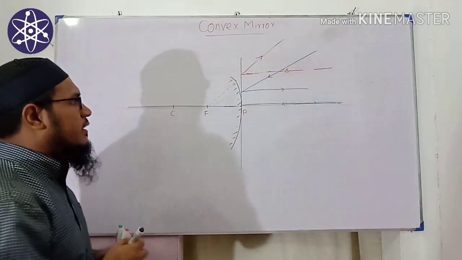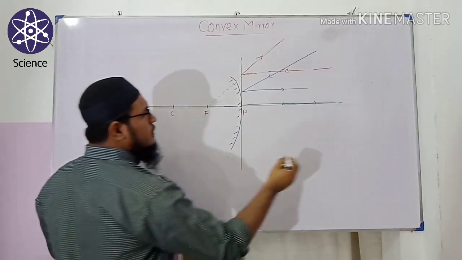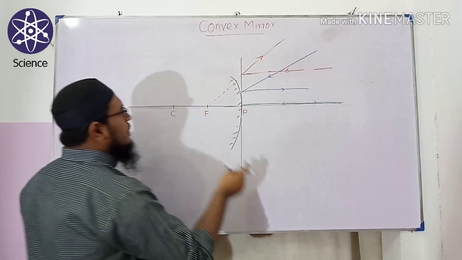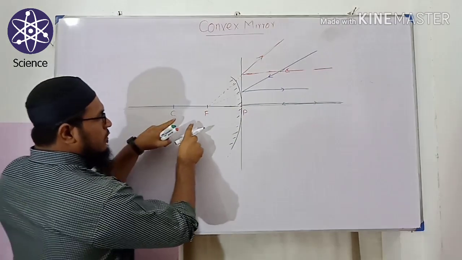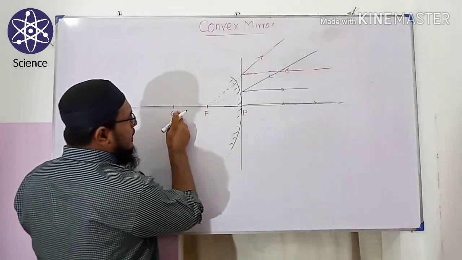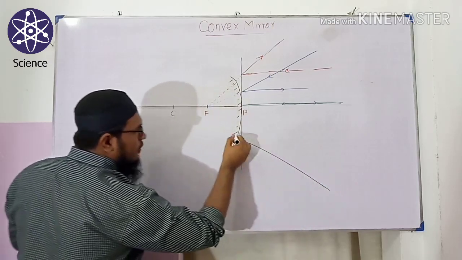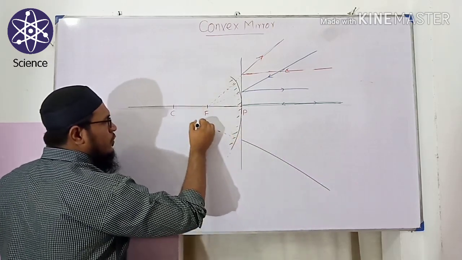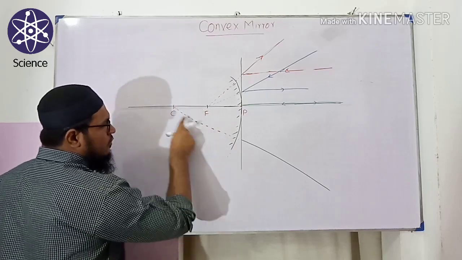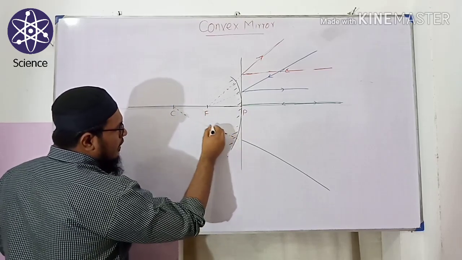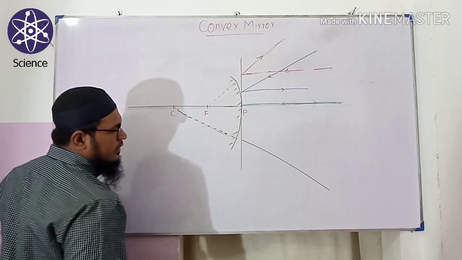And the fourth theory states that if a ray travels towards the center of curvature, I'll draw it here, travels towards the center of curvature as if going to the center of curvature, but it does not go, because at this point it will get diverged.